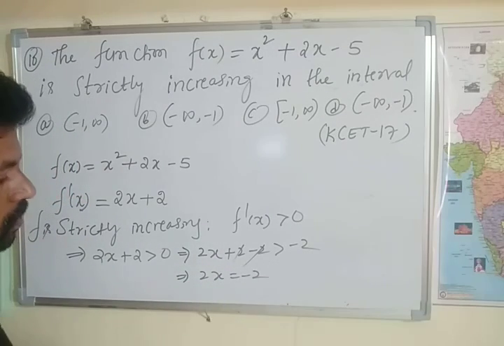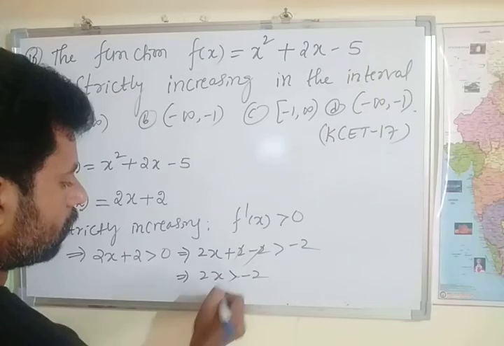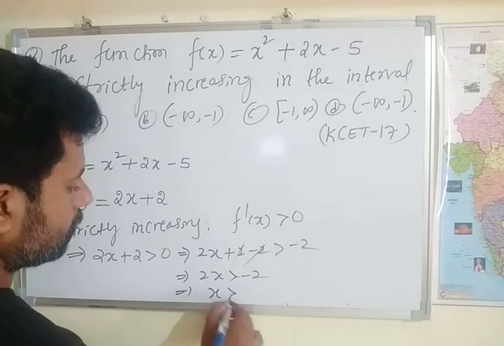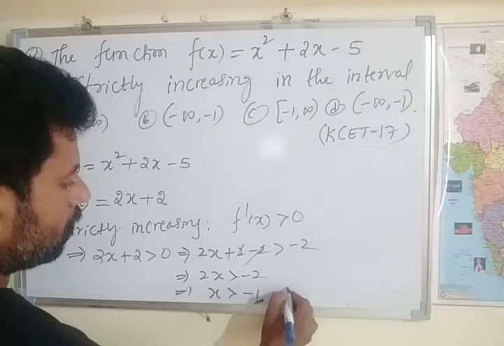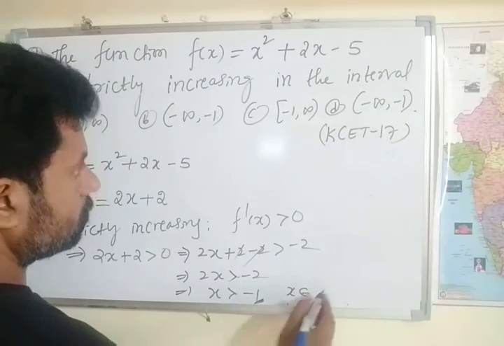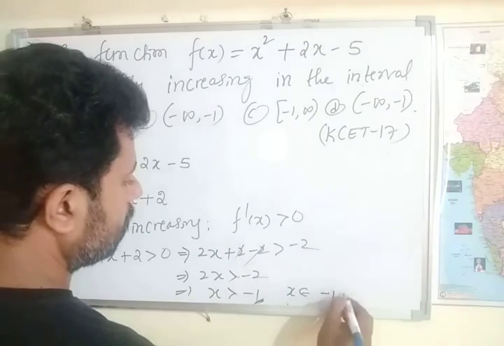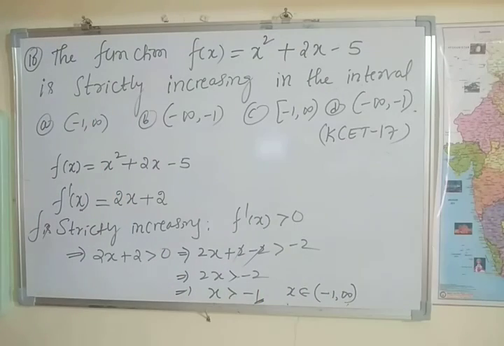Divide by 2 on both sides, we get x is greater than minus 1. See, solution for this result, x is greater than minus 1 means x belongs to minus 1 comma infinity. Option A is correct.